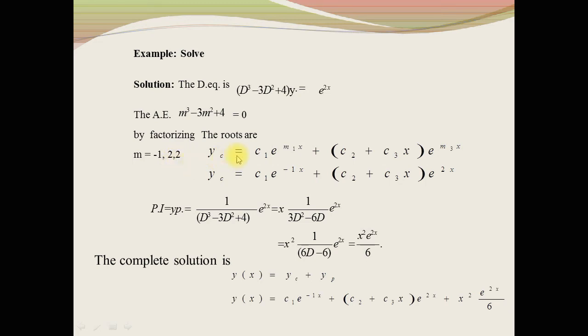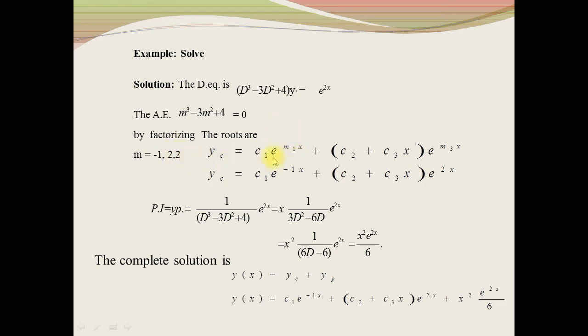Now the complementary solution: since these two roots are real and repeated, for real and repeated roots the complementary solution part will be (c2 + c3x)e^(m3x), and for real and unrepeated roots the complementary solution part is c1 e^(m1x). So there are two cases. One case is the roots are real and different, and the other case is the roots are real and repeated.